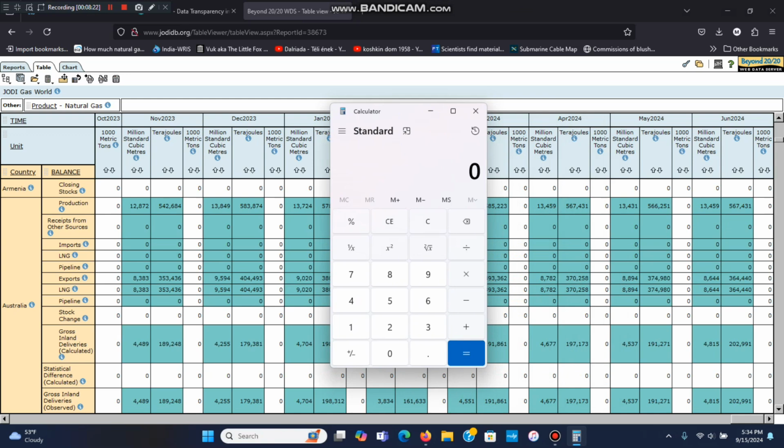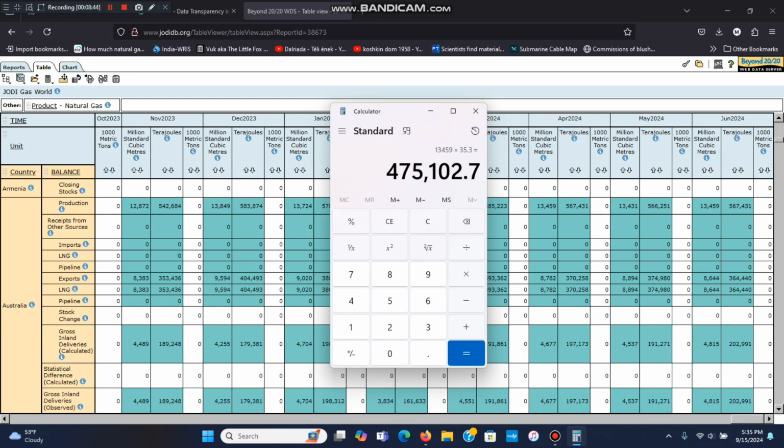So the way you convert over to cubic feet per day is you take the number that's shown, which in this case is 13.46 billion cubic meters. So you take that, input that, and cubic meters to cubic feet is times 35.3 roughly.